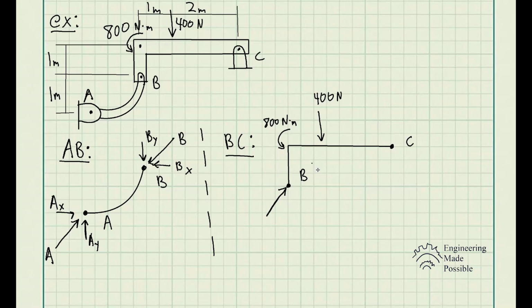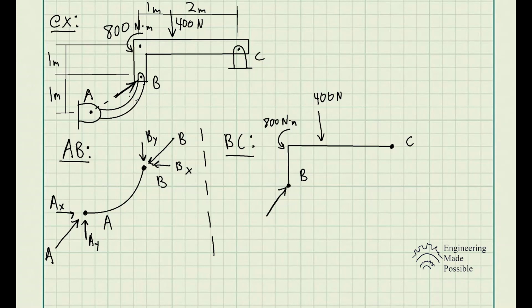So now we could analyze only member BC just by drawing the magnitude of the force that's being caused by member AB. A rule of thumb is when you have these weird geometric members, you could just draw a straight line of action through both pins, and that will be the line of action of the force of that member.